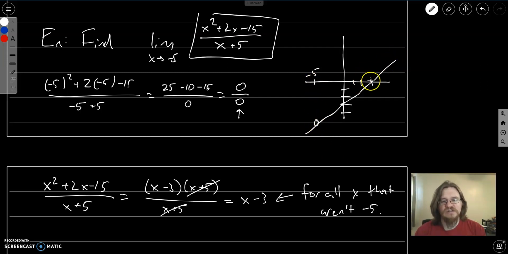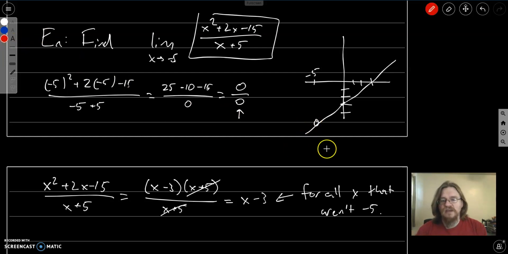So we essentially skip -5 and just blow right by it. Our function has a hole there. This function is exactly equal to x minus 3 everywhere, except when x is equal to -5, in which case our function doesn't exist.